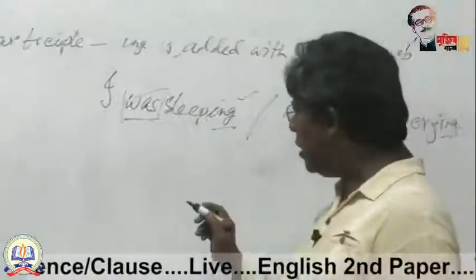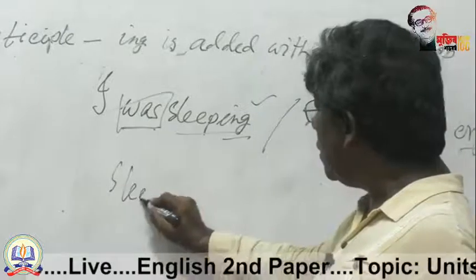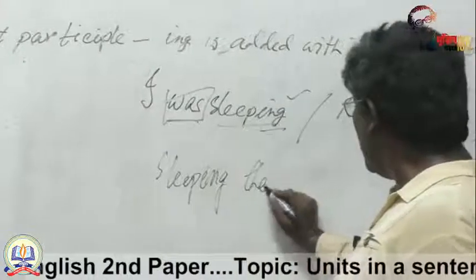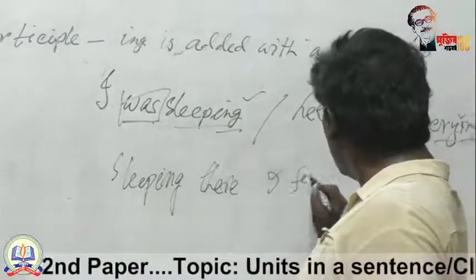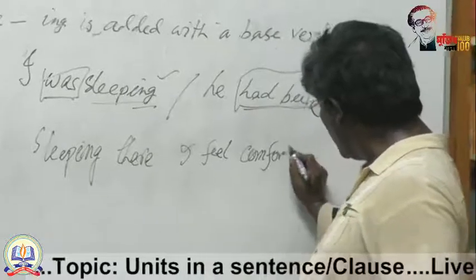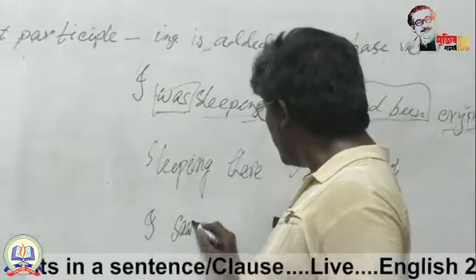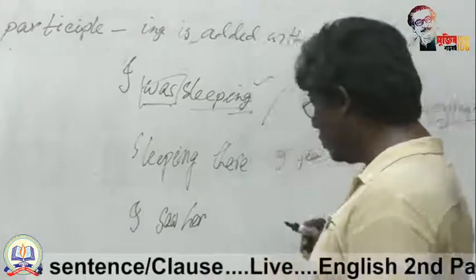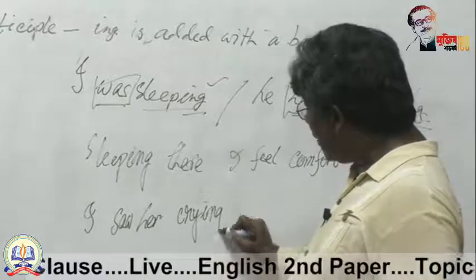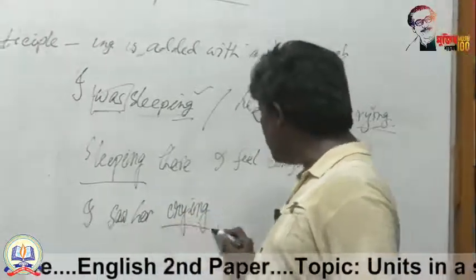But when we have the use of sleeping or crying in this way, sleeping there, I feel comfort, or I saw her crying, we get the verbs with ing without any auxiliary verbs before them.